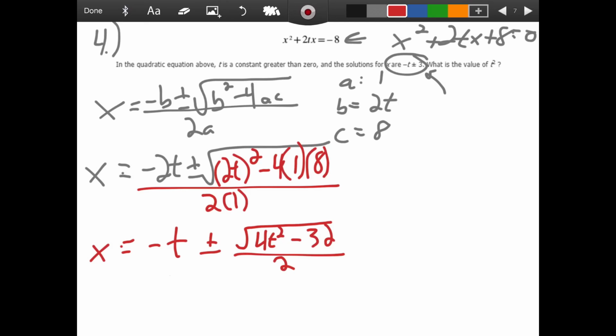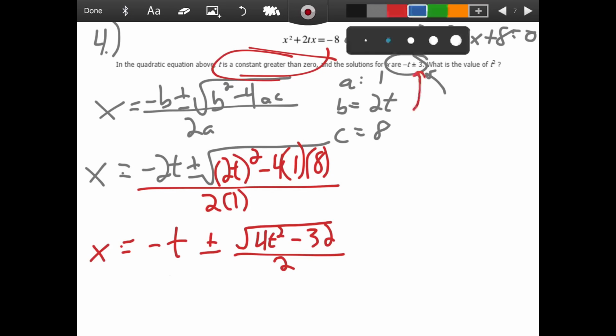Now, according to this problem, t is greater than 0. So if we know that the solution, x, is equal to negative t plus or minus 3, then the square root part is going to be equal to 3.